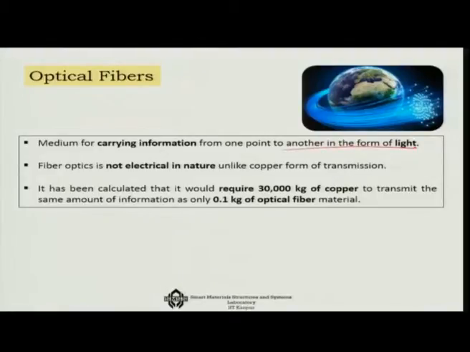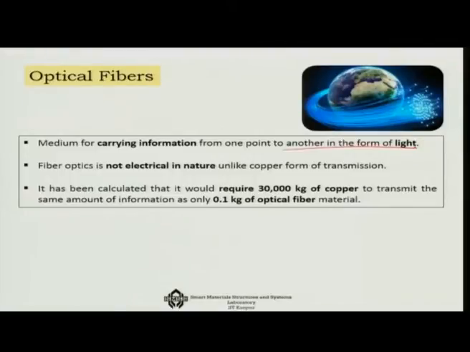This is a very big advantage, because the speed of light is several orders of magnitude higher than the speed of the electron through conductive wires, considering the losses and everything. This is a very efficient way of transmitting information.